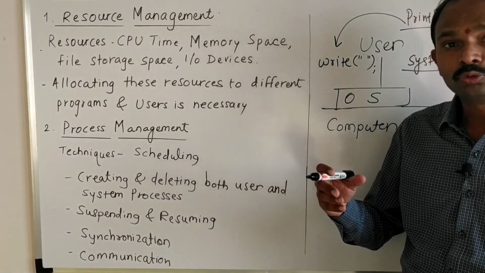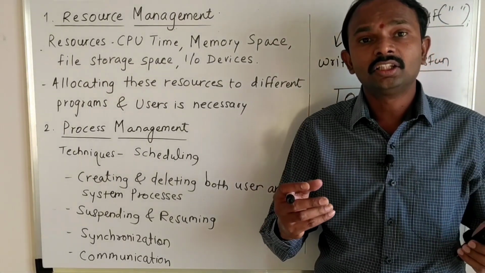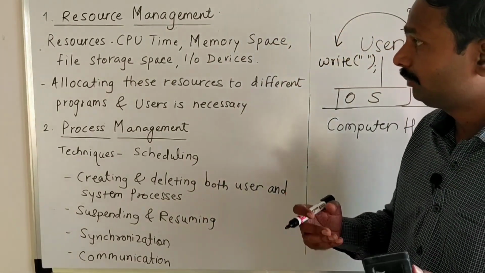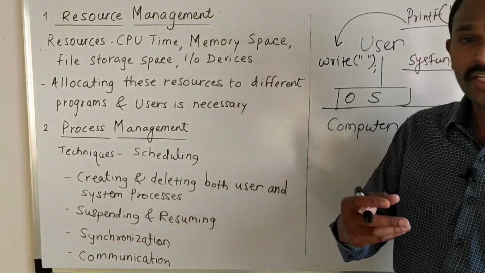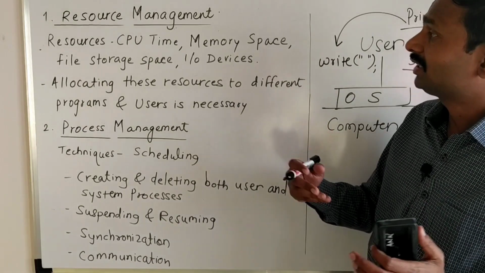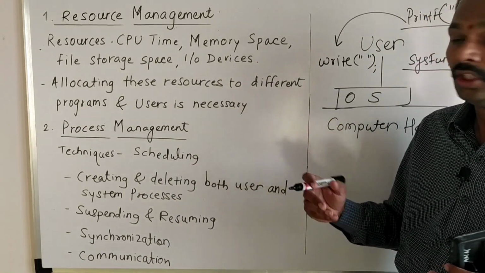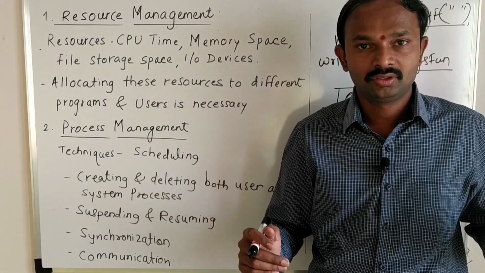So there are different types of operations that the user wants to perform. Now in that particular case, what the operating system does is allocate the resources like CPU time, memory space, file storage space, IO devices to different programs.